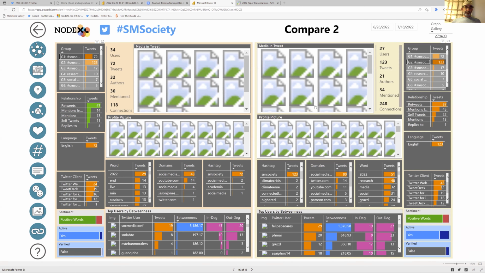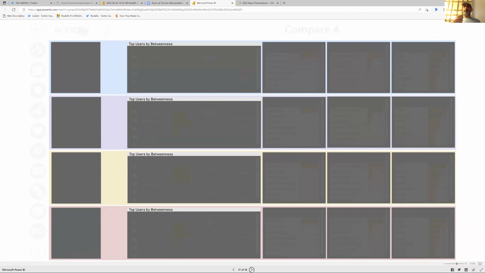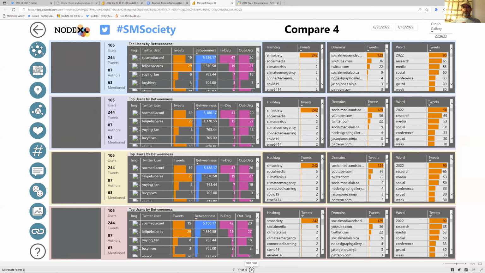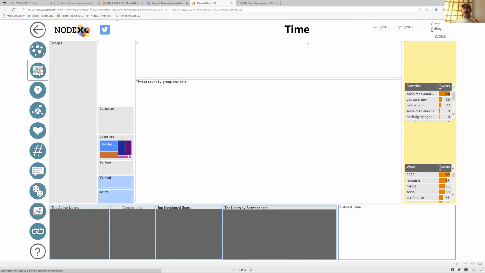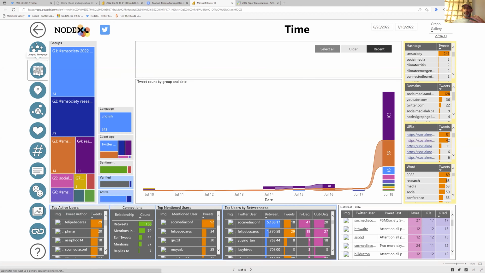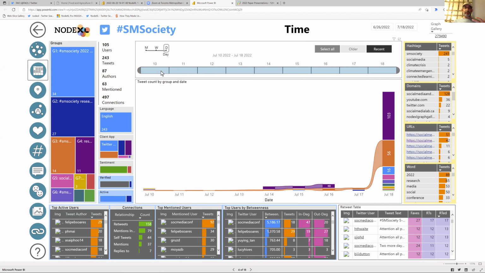So the goal for us is to support the discovery of the empirically supportable tale, the story that tells us something important about a collection of content that's larger than the collection of content a human being can actually consume.